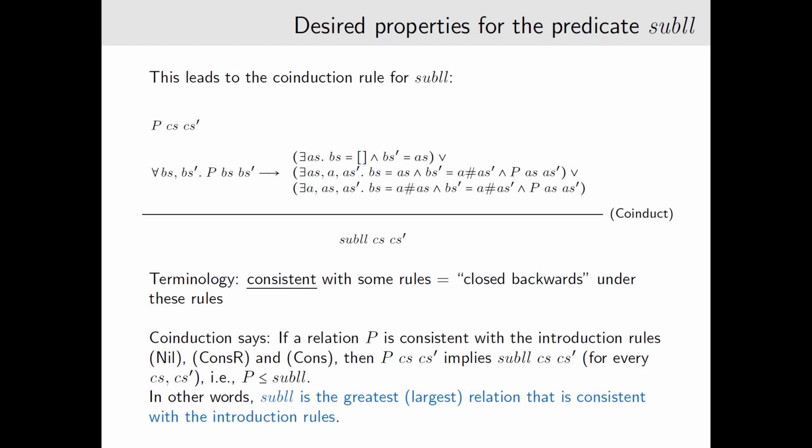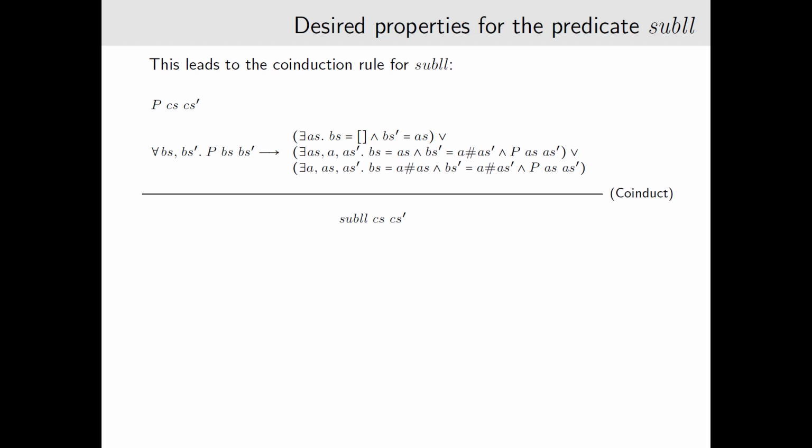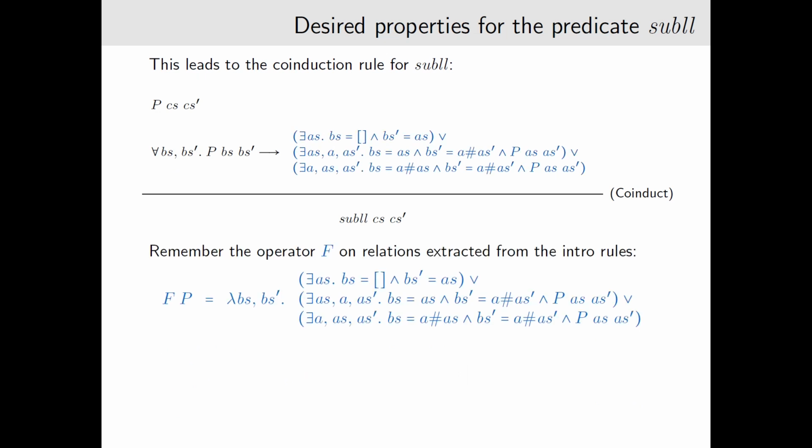So we essentially recover the greatest fixed point from the Knaster-Tarski theorem, but we now hopefully see the concrete intuition for why we want the greatest post-fixed point here, because we want the larger relation that is consistent with the rules. Okay, so we have the coinduction rule in our set of desirable properties.